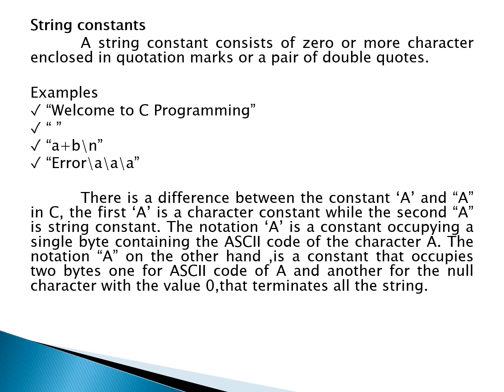The character constant occupies a single byte and contains the ASCII code of the character a, whereas within double quotes it is a string constant and occupies 2 bytes, one for the ASCII code of a and another for a null character with the value 0, which is used for terminating a string, that is, indicating the end of a string.